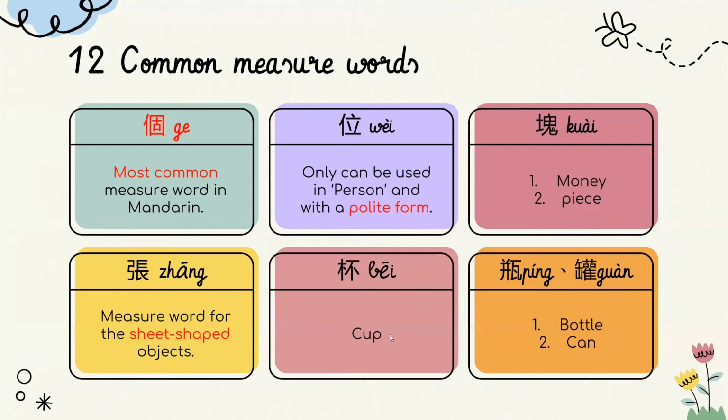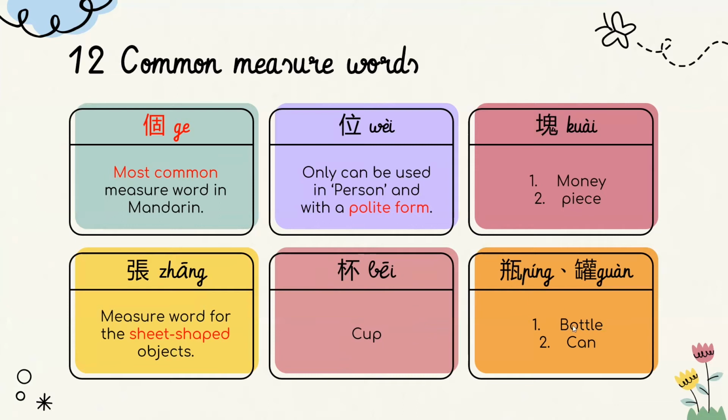And then 杯 is cup. No matter whether it's a glass or a cup of tea, any kind of container like a cup, we can use this measure word. 杯, like 一杯咖啡, a cup of coffee.